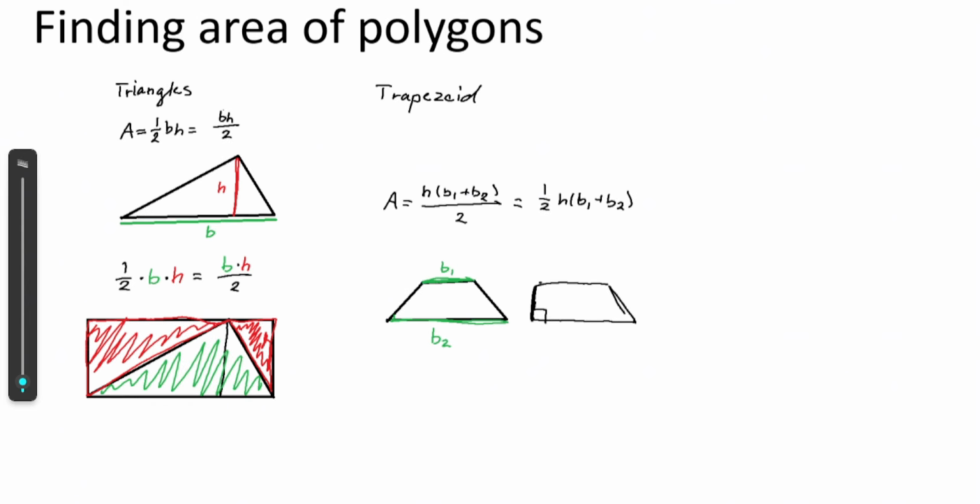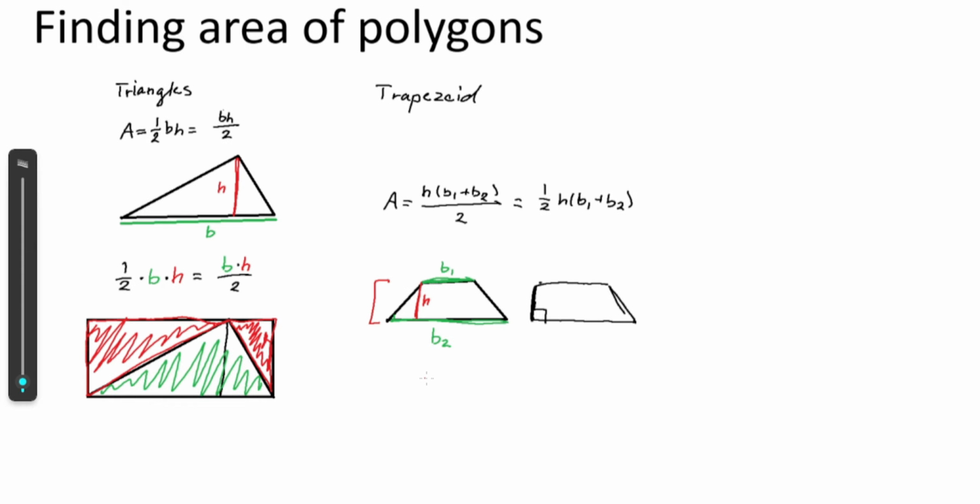And then what about the height? So actually similar, just like the triangle, the height is this right here. This is the height. That is the height of the trapezoid that we're looking at. And we're just going to take the height, multiply it by these two bases added together, and then divide the whole thing by 2.